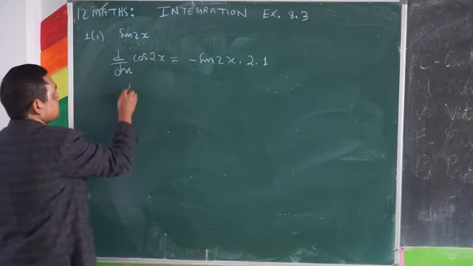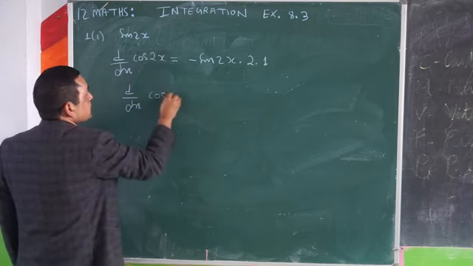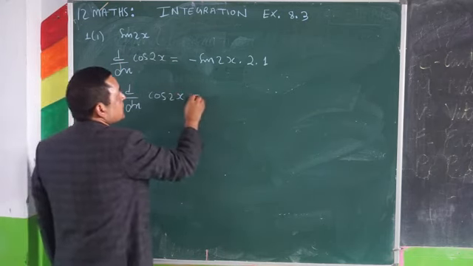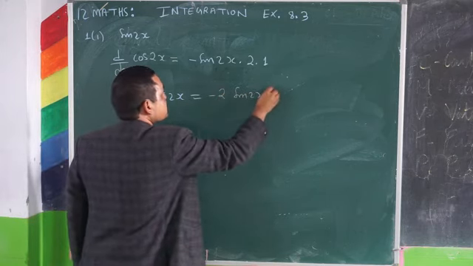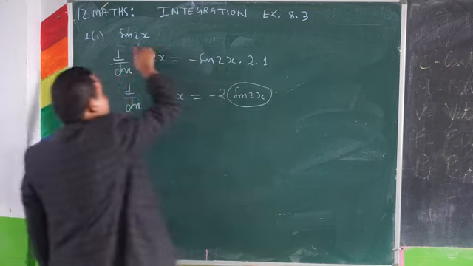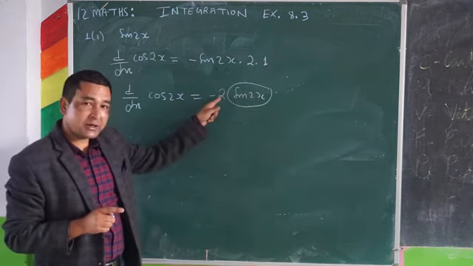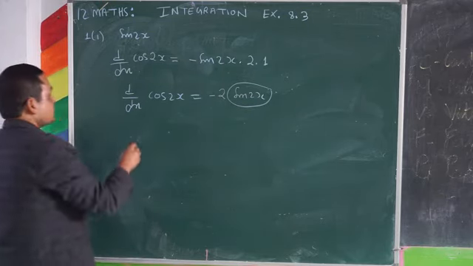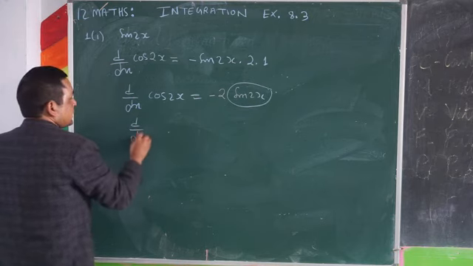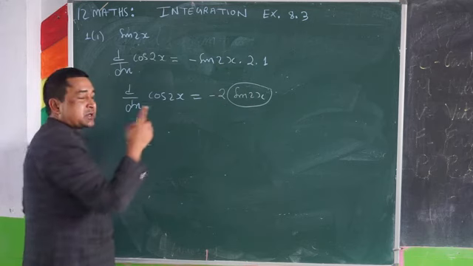Next step, the differentiation of cos 2x is minus 2 sin 2x. Now the answer given is sin 2x, so what is extra here? Minus 2. Now take this minus 2 to the left side, the question side. When a multiplied number goes to the other side, it goes to the denominator.